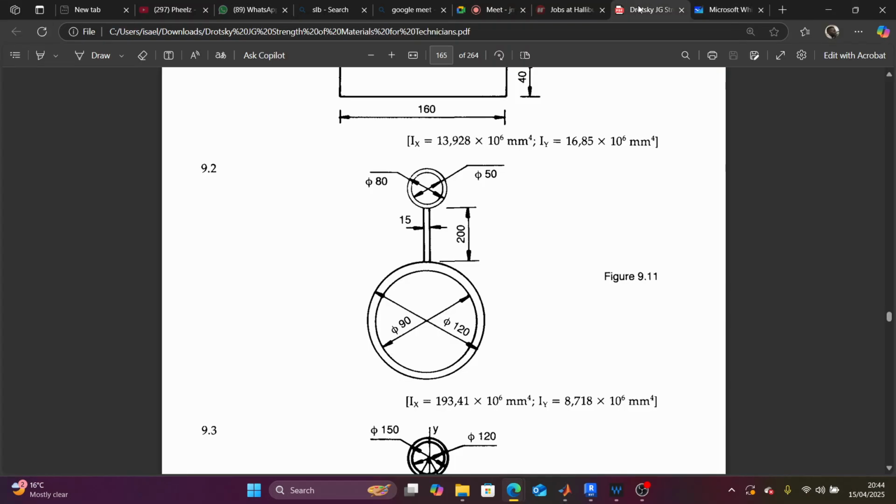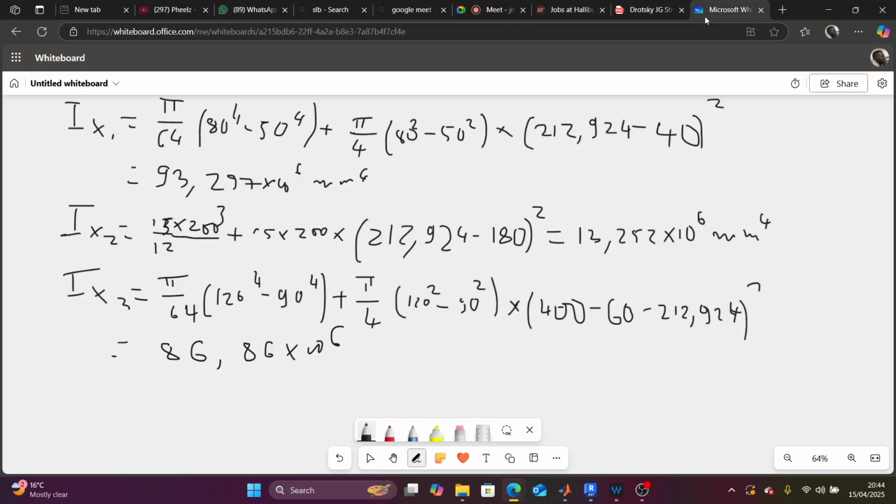The ix that they got here is 193. Can you please add 90 comma this plus 13 comma this plus 86 comma 86? What do we get? 193 comma, this is the I that you're looking for. 193 comma 409.